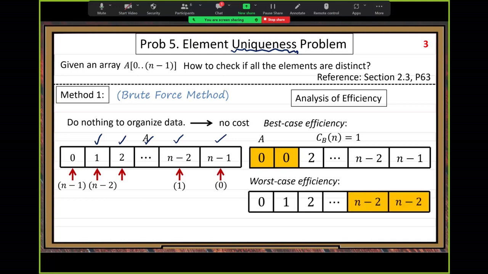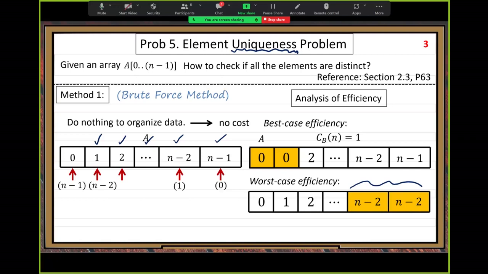Here, I give you a special case. The last two elements have the same value. Here, for simplicity, you can see these elements, their values are the same as their indexes.